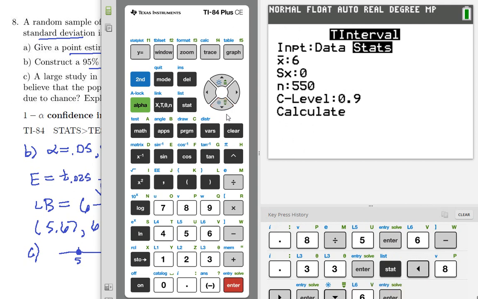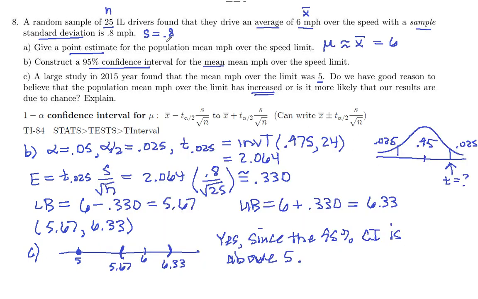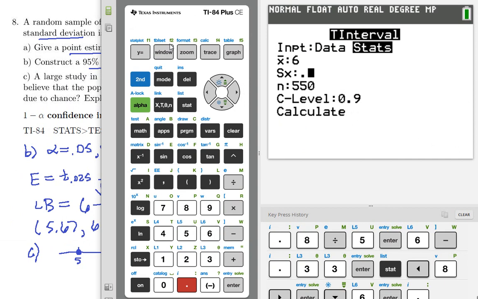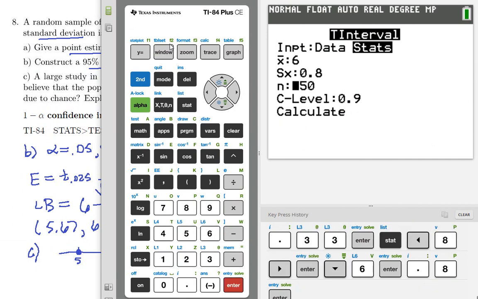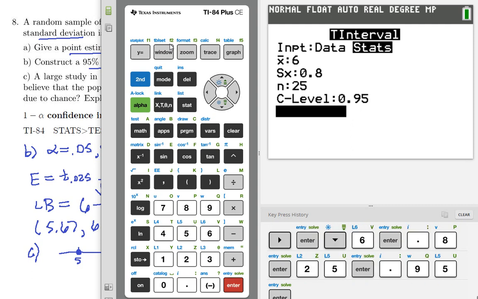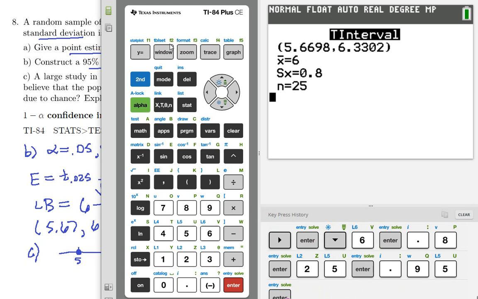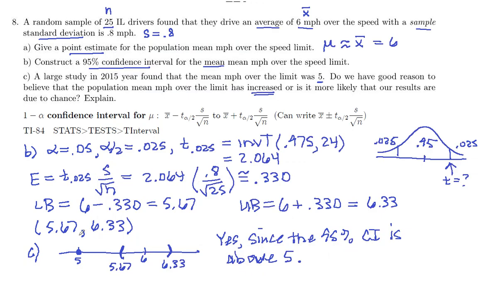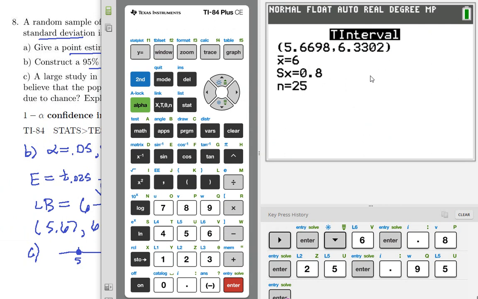Our sample standard deviation was 0.8. Our total sample size 25, and our confidence level 0.95. So we've got 5.669, so 5.67 to 6.33, and that's what we got here. So that is indeed confirming the work that we did by hand.